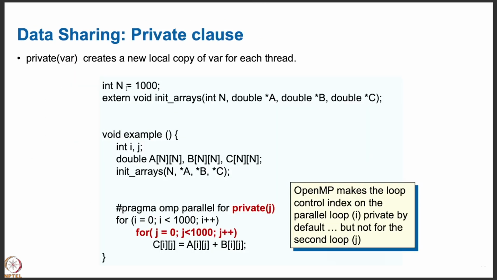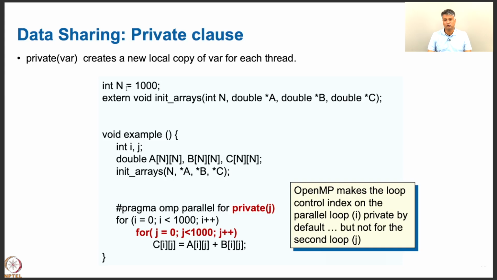Let us look at this simple example where we have a nested loop. One of the first things that usually catches OpenMP programmers is that when we have nested loops, for the loop which is parallelized first, the topmost loop, the index variable is private by default. But for the second loop, which is nested within the first loop, the index is not private by default.